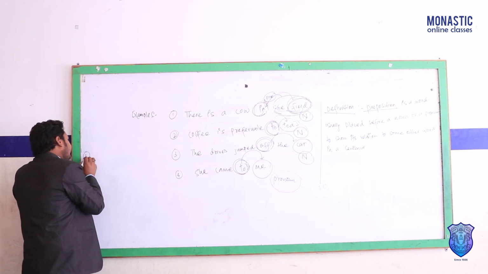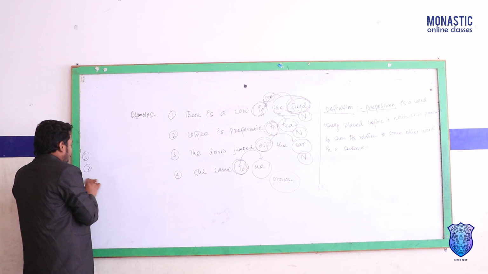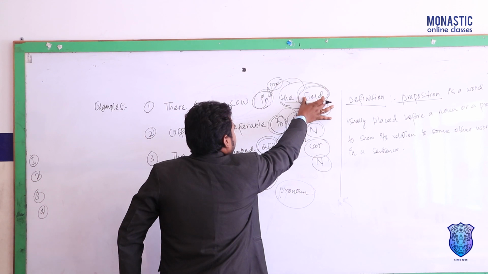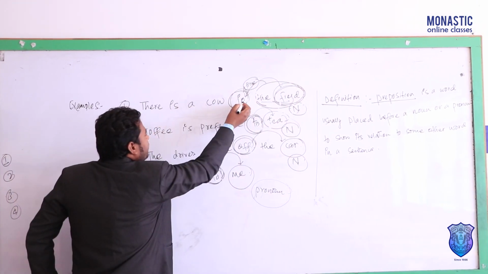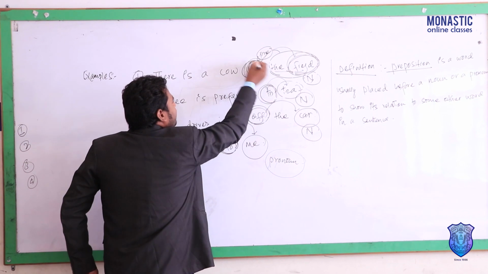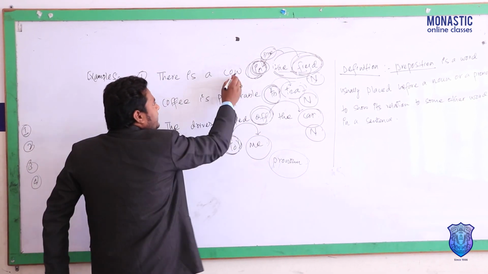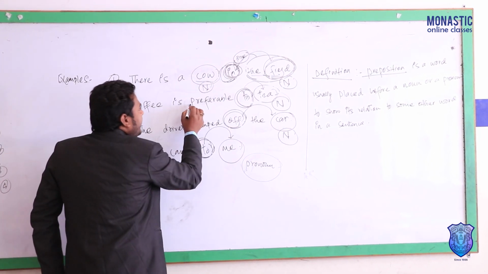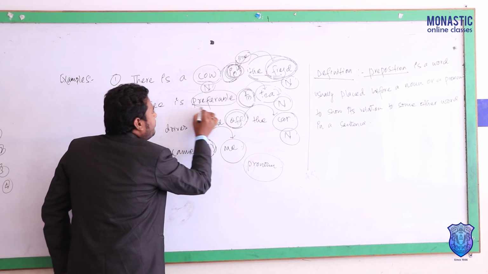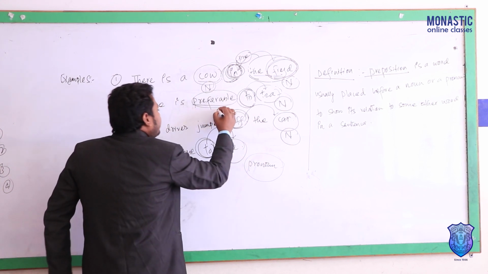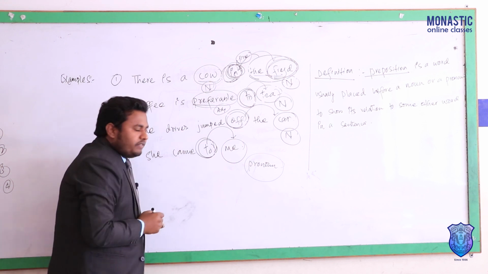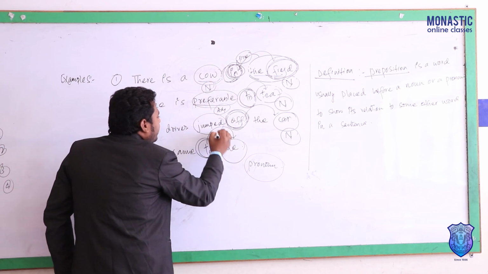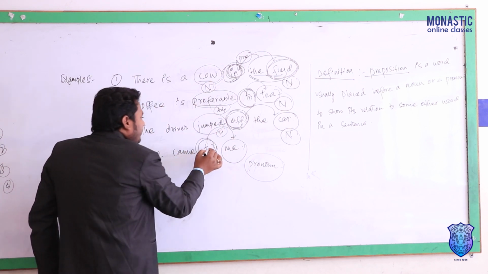So in the first sentence, before the prepositional word we see a cow, and cow is also a noun. In the second example, preferable is an adjective before the preposition to. Jumped is our verb before off.